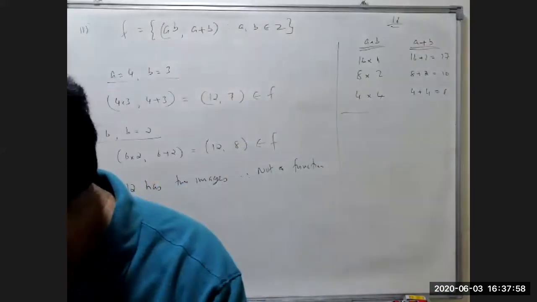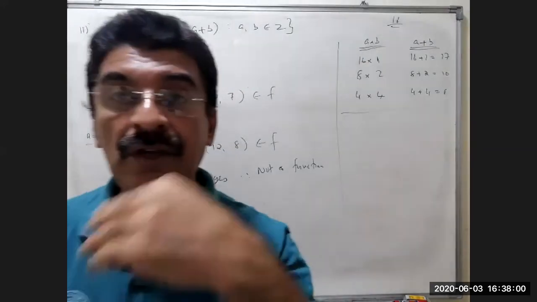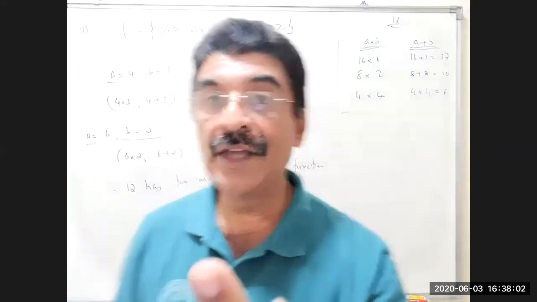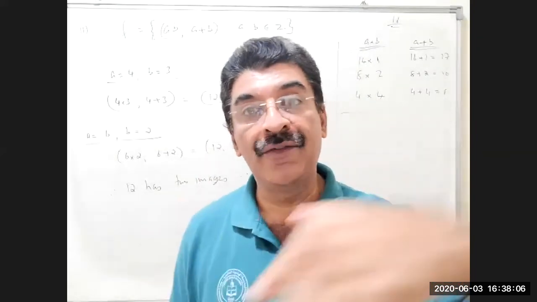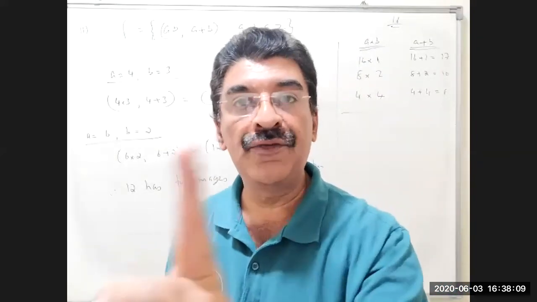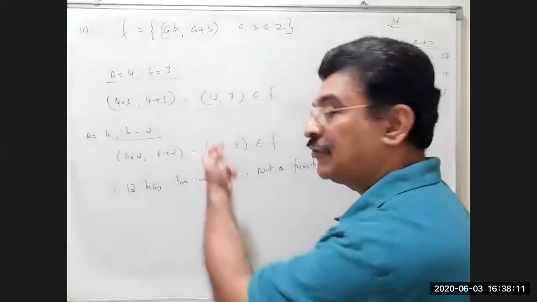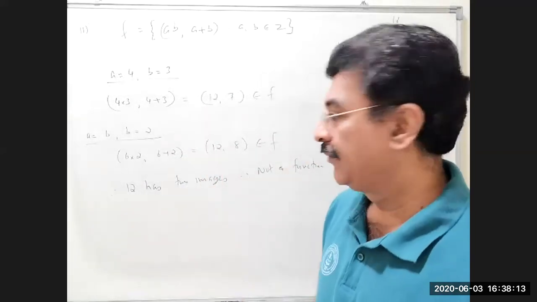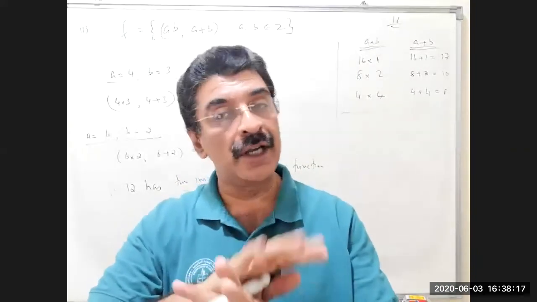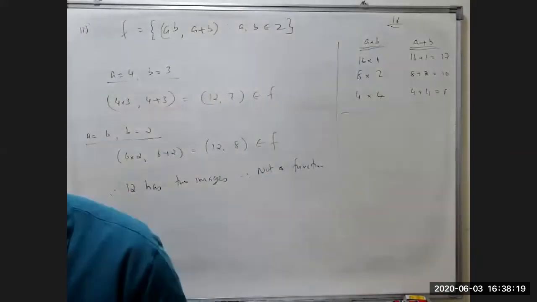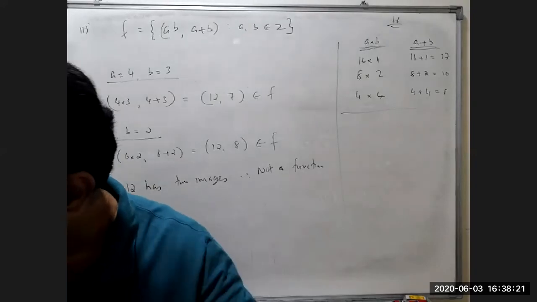But here the question is, if one example is wrong, we cannot say it is true; it should be true for everything. This case is true only for prime numbers. For this number, it is wrong, so it is not a function. If in one case it is not correct, it means it is not a function.